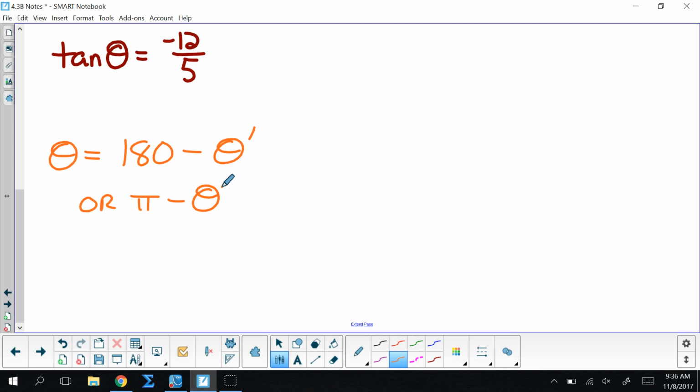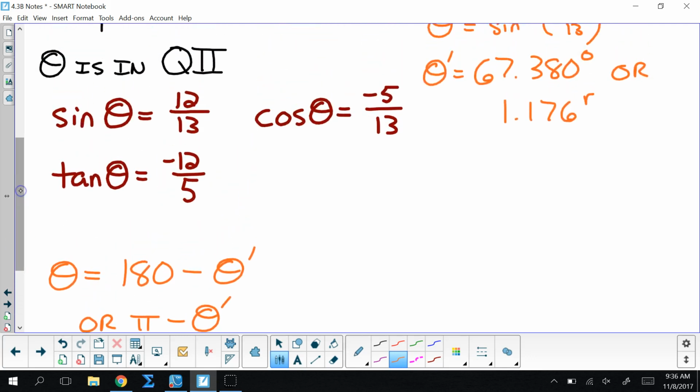Okay? So, knowing that now, theta here is going to be 180 degrees minus 67.38 degrees. So theta is going to be 112.62 degrees.